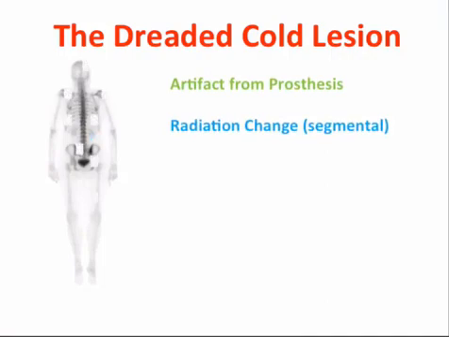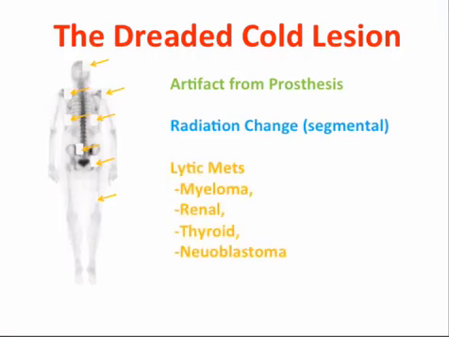And then if they're everywhere, then you've got to think about things that are lytic. So lytic metastases are really hard to see, like myeloma, renal cell, thyroid, and neuroblastoma. That's why MIBG scans are way better for neuroblastoma mets than a bone scan.